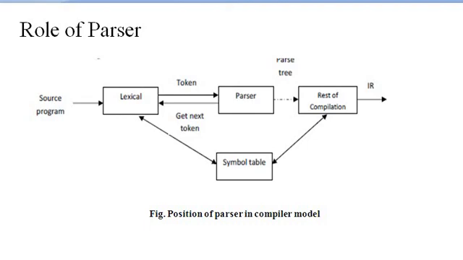We expect that the parser will report any syntax error. It should also recover from commonly occurring errors. The methods commonly used for parsing are classified as top-down parsing or bottom-up parsing. Top-down parsing builds the parse tree from top to bottom, meaning root to leaf, while bottom-up parsing starts from bottom to top, meaning leaves to root.